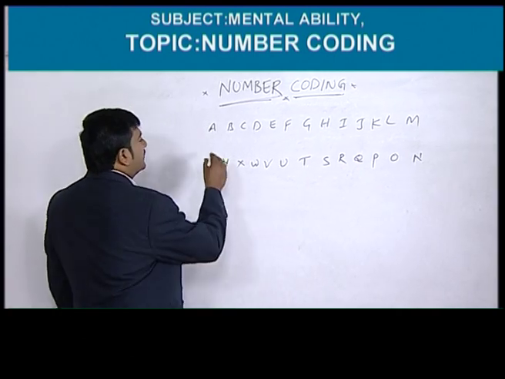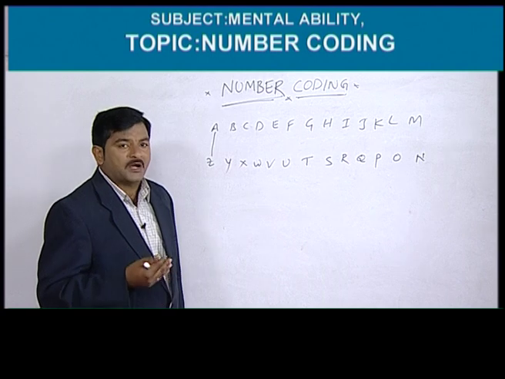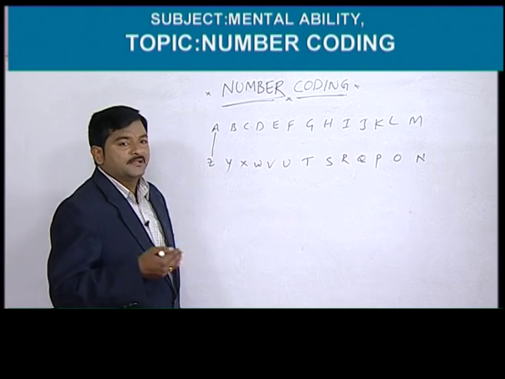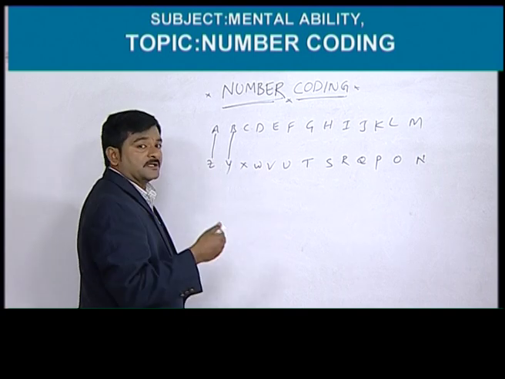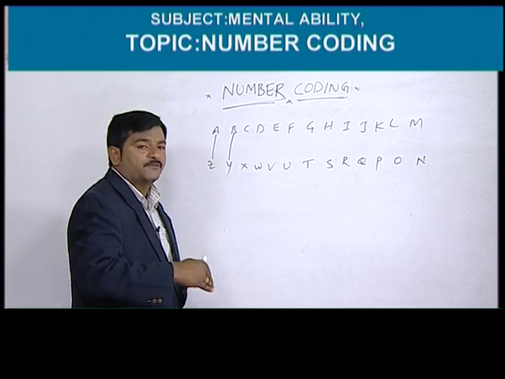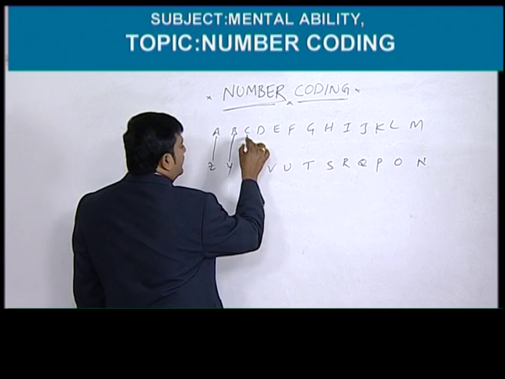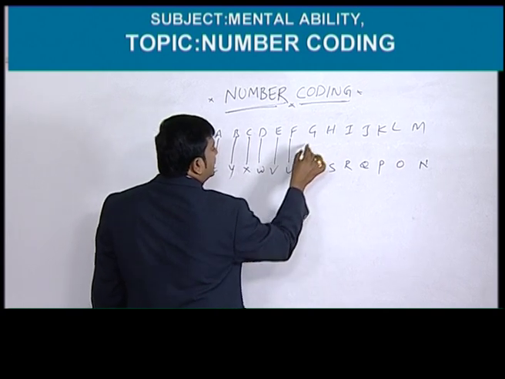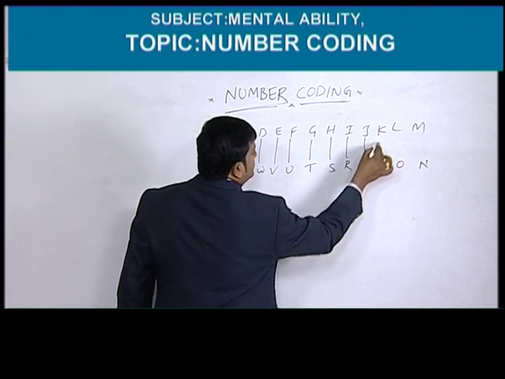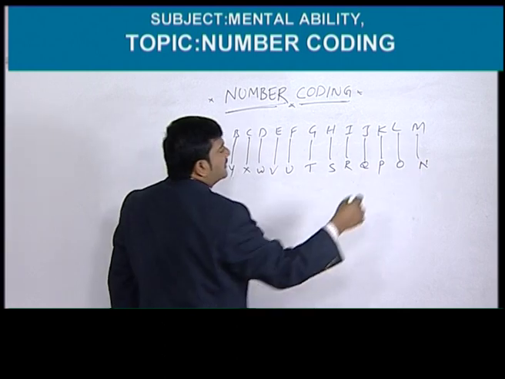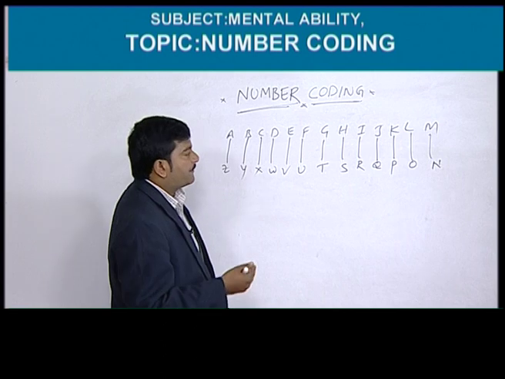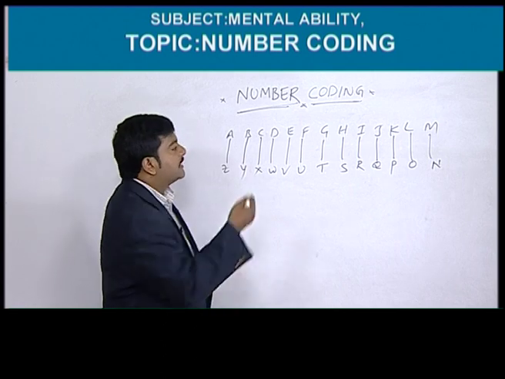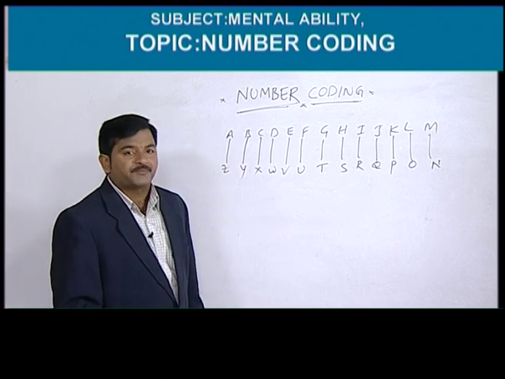What is the code for Z? A. What is the code for A? Z. Similarly, the code for B is Y, and the code for Y is also B. Coding is made in some problems in this way also. The code for M is N, the code for L is O, the code for K is P, the code for J is Q and so on.